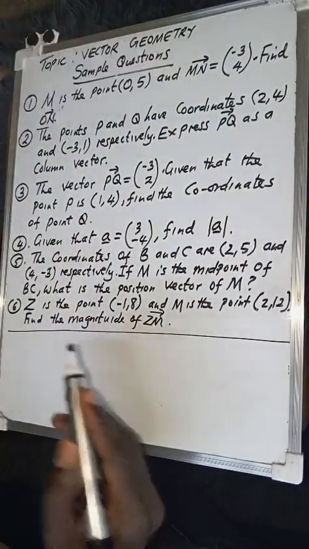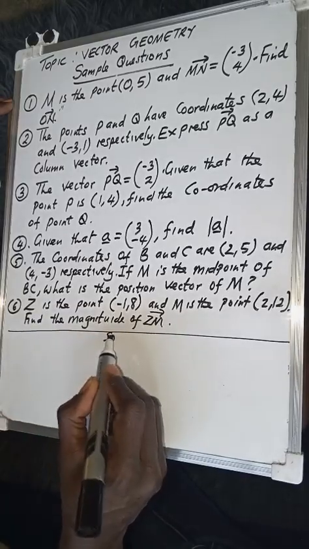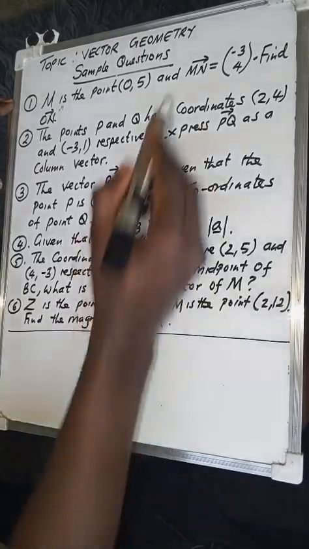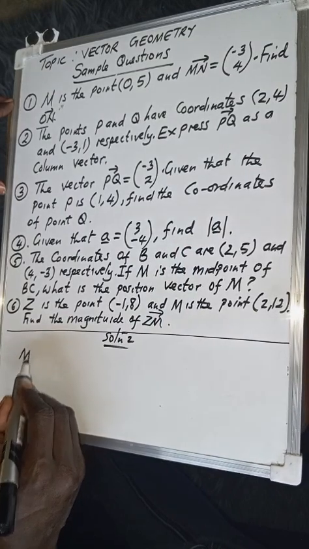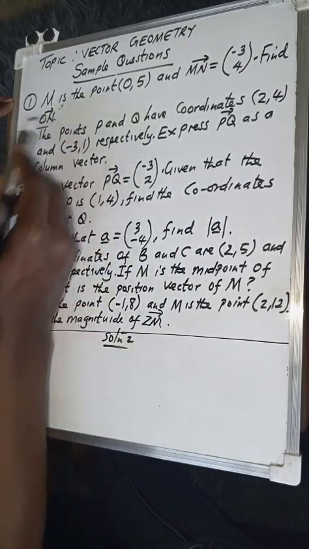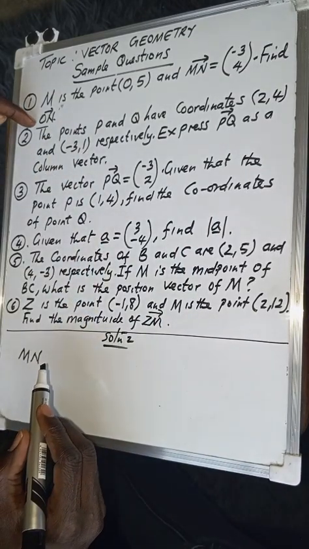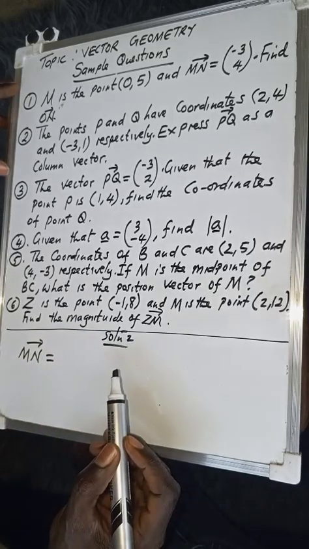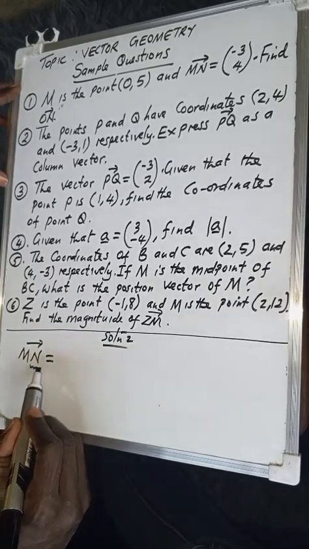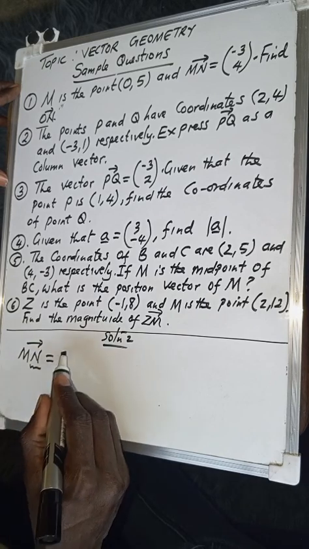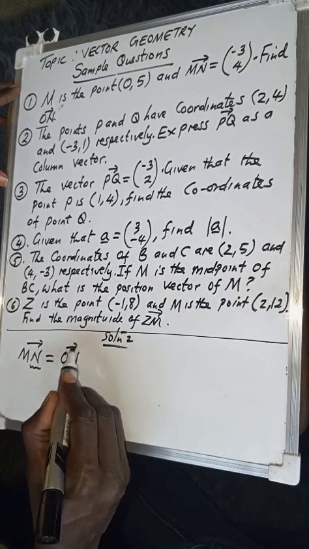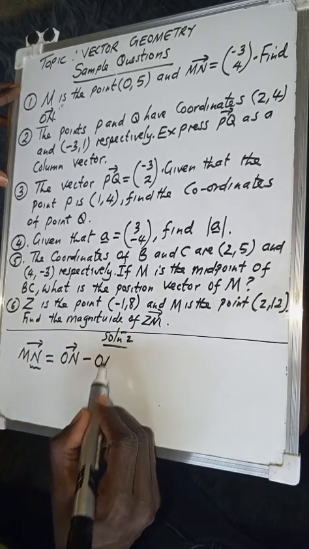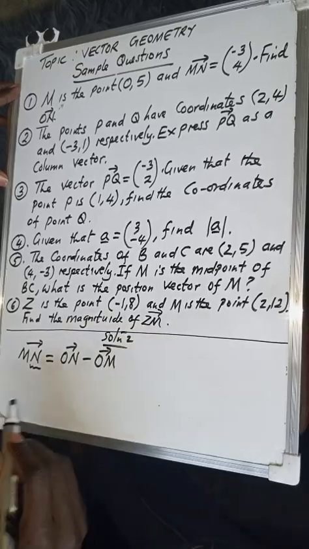Now, what do you know about MN? Let's look at the solution. Because it is starting from the origin, from what they have told you there, ON, you can find what MN is. How do you do it? Remember, start with N. It is actually positive. So ON, in this case, minus the vector OM, if you remember that concept.